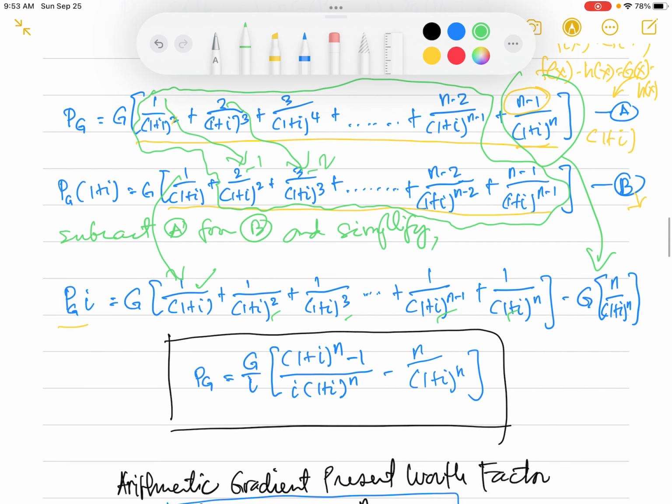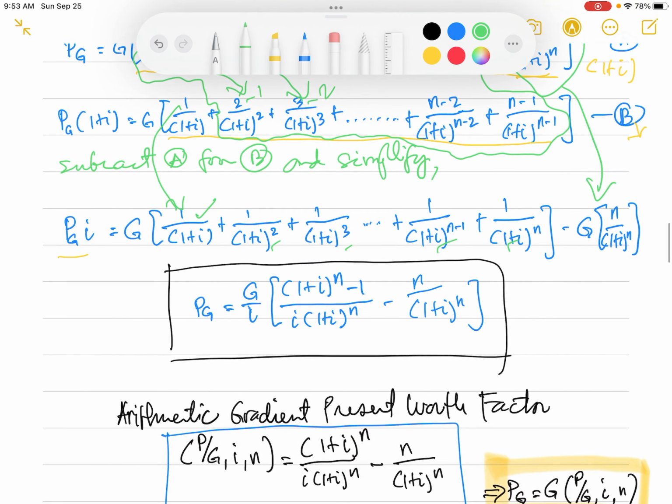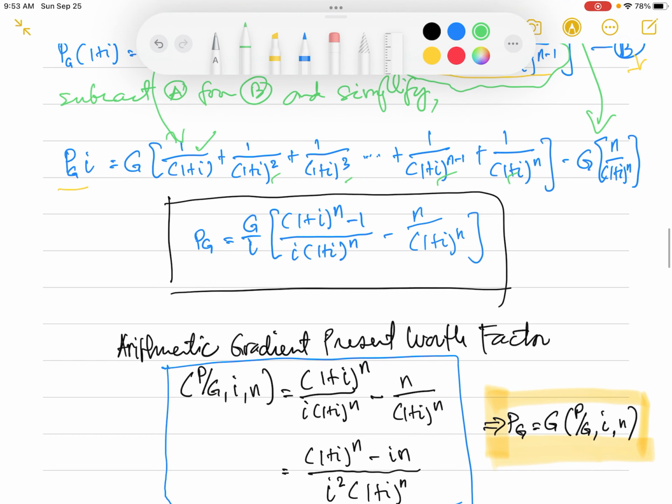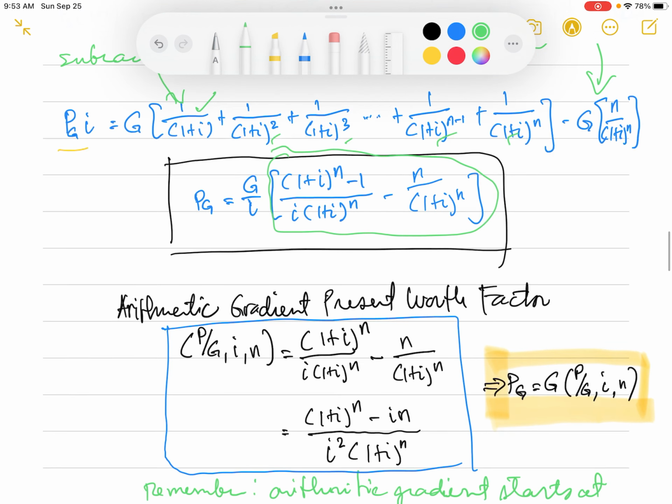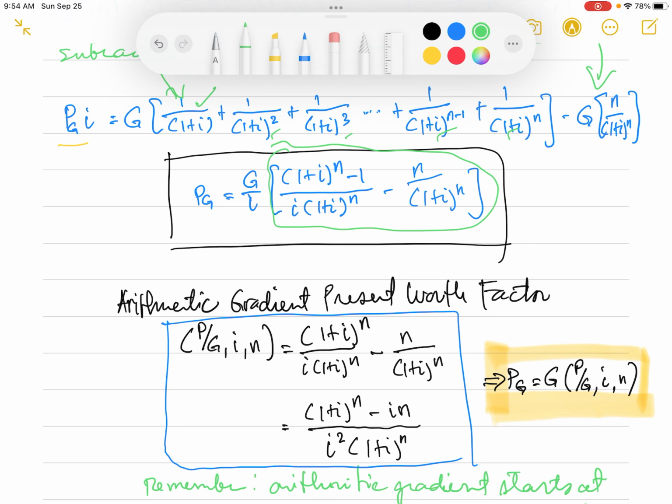Simplifying this operation will give you this formula for the present worth of the gradient, which is equal to G over i, and this whole factor here, which we can denote as the arithmetic gradient present worth factor.